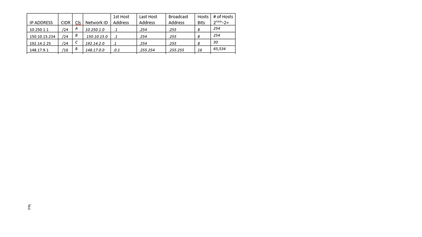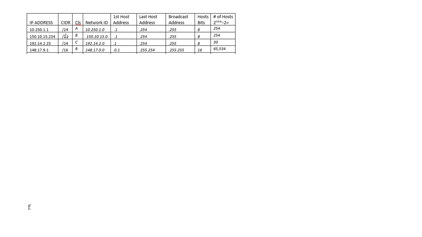I wanted to work through a couple of these problems and just show you how we solve them so that you can go on and complete the rest of the worksheet. We're going to start with our very first one here, 10.250.1.1.